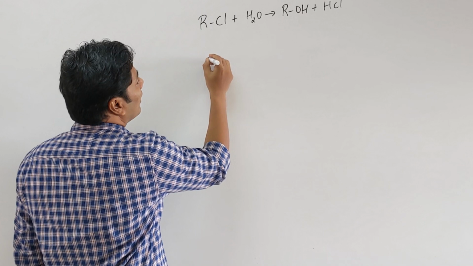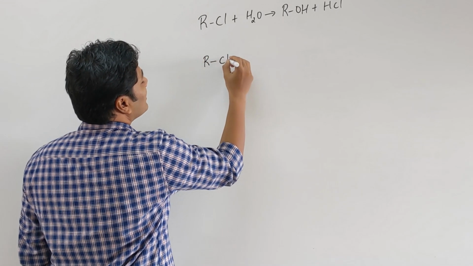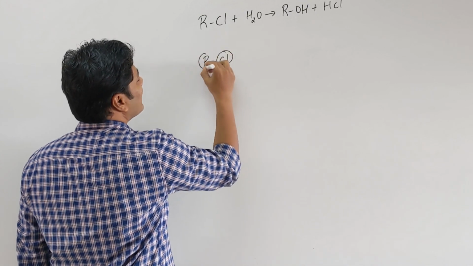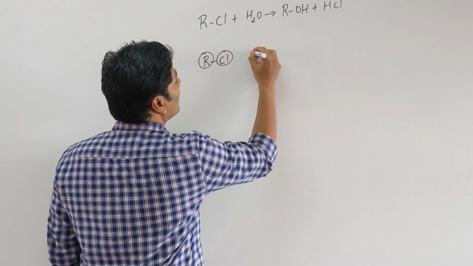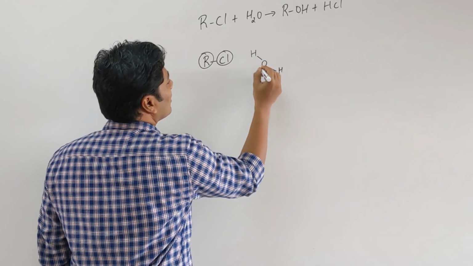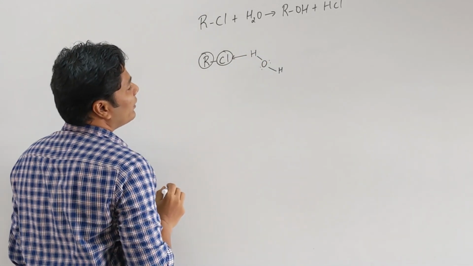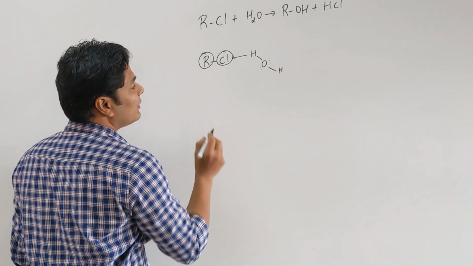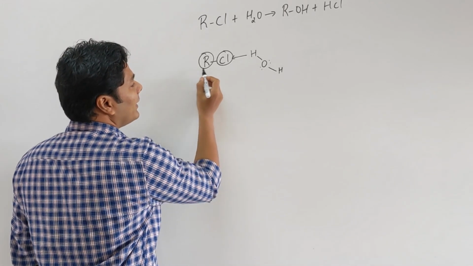What if my R and Cl molecules, just imaginary, are present in this orientation and our water molecules are present in this orientation, ignoring the shape? If this comes and collides with this, it's not going to be useful. The first step has to be this lone pair has to come and hit the R.